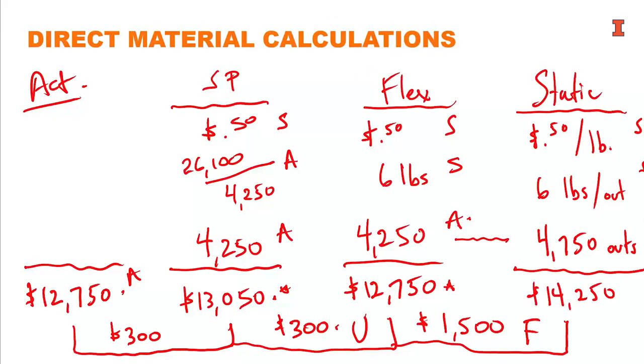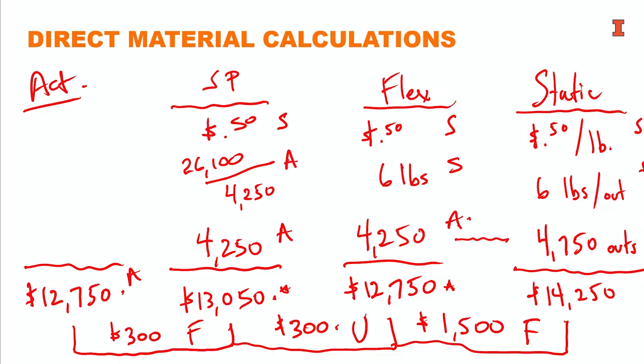And that's the case. If costs are less compared to standard, then all else equal, net income will be higher. So therefore, this $300 spending variance is classified as favorable.